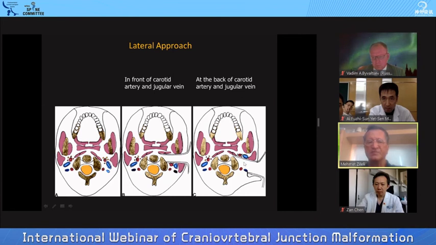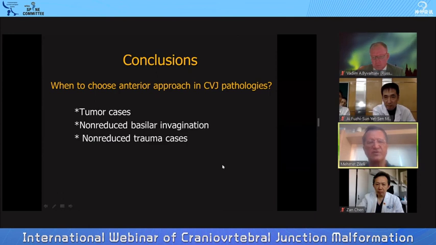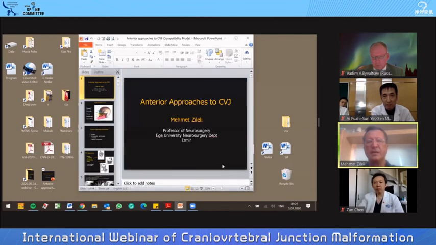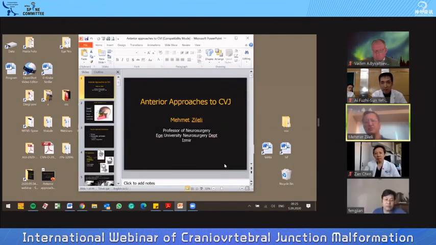Ventral retraction is better, then you can go laterally, see the vertebral artery and dissect the lateral region. Yes, we can skip this. I think this is what I wanted to remind you about the anterior surgical approaches to the craniovertebral junction. Thank you.